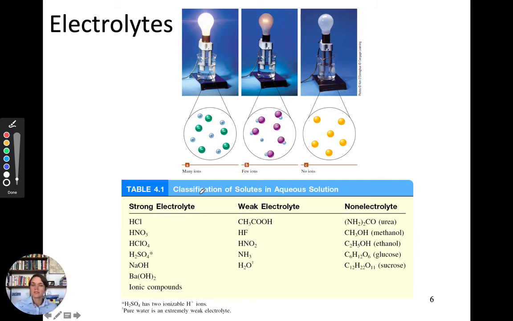Weak electrolytes are those species that will release some charged atoms or components into the solution, but it's not going to be 100%, right? They're not going to completely dissociate. So an example of our weak electrolytes would be ammonia, right?